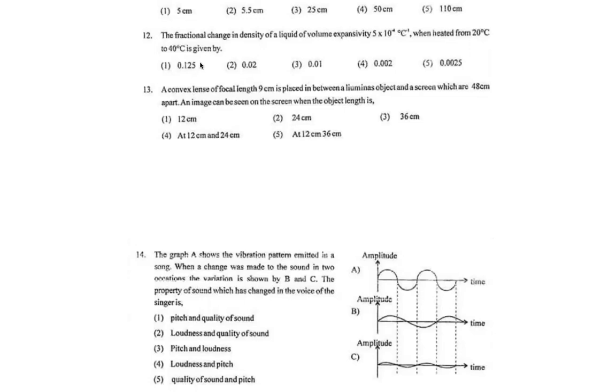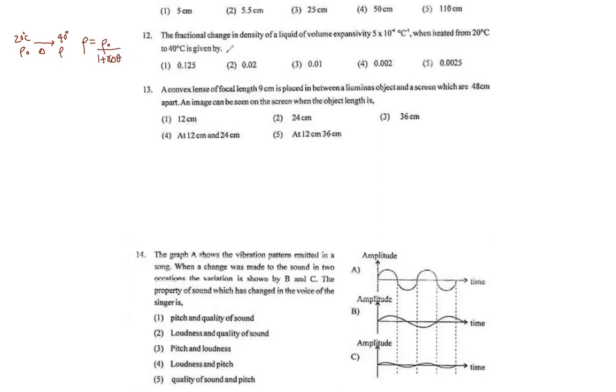When there's a liquid at 20 degrees Celsius, its initial density we take as rho naught, and when we heat it to 40 degrees Celsius, the new density is rho. I hope you can remember the equation relating rho and rho naught. It is given by rho equals rho naught over 1 plus gamma delta theta.